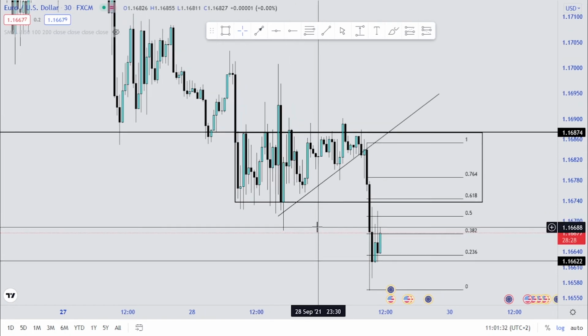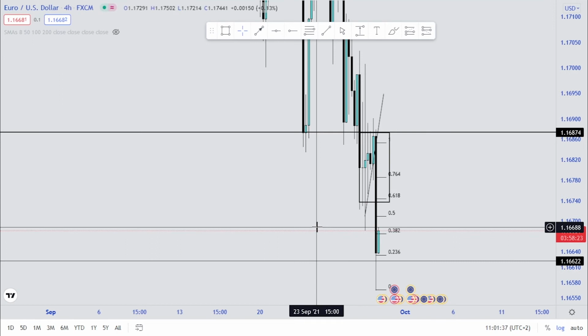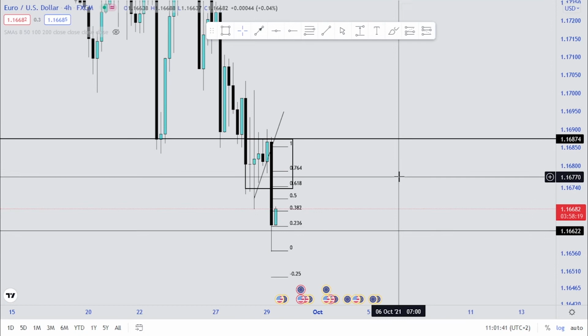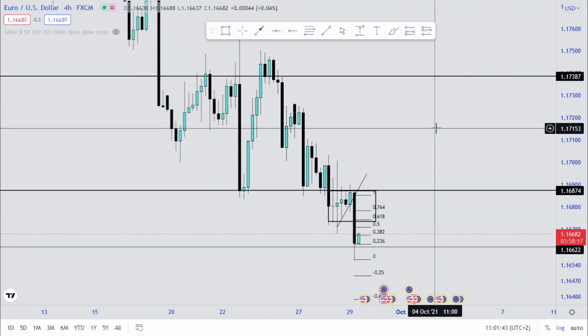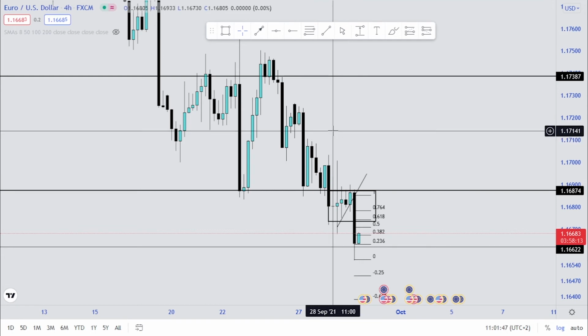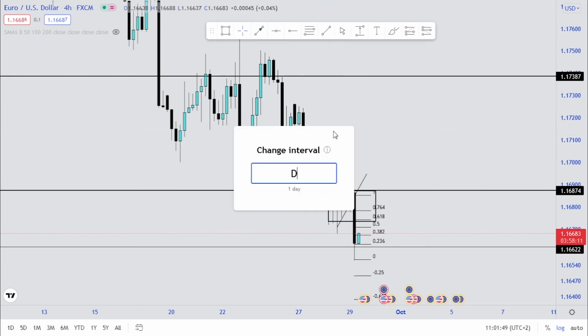So this is basically my breakdown area, and what I can see on EURUSD, we are still very bearish. Sorry guys, we are still very bearish. So let's scale to daily.